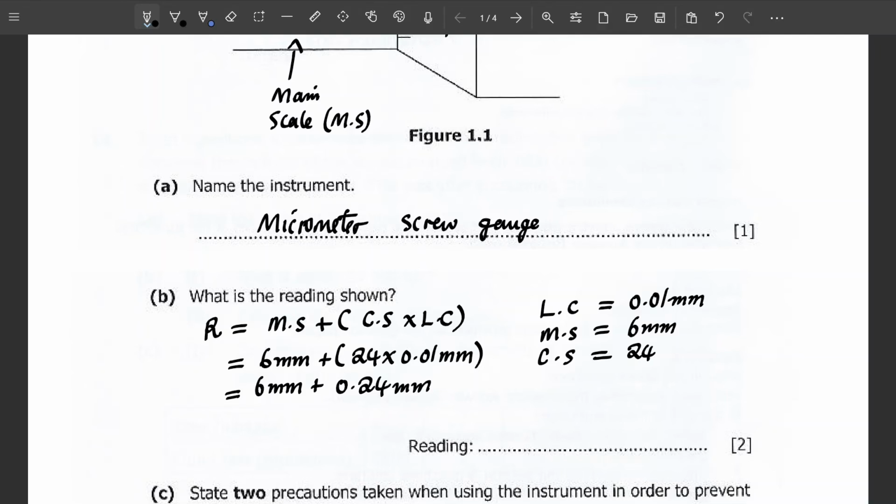Then you add, 6 millimeters plus 0.24 millimeters, you get 6.24 millimeters. So meaning the reading will be 6.24 millimeters. So always remember to put units, guys. Okay, so this is the correct answer.